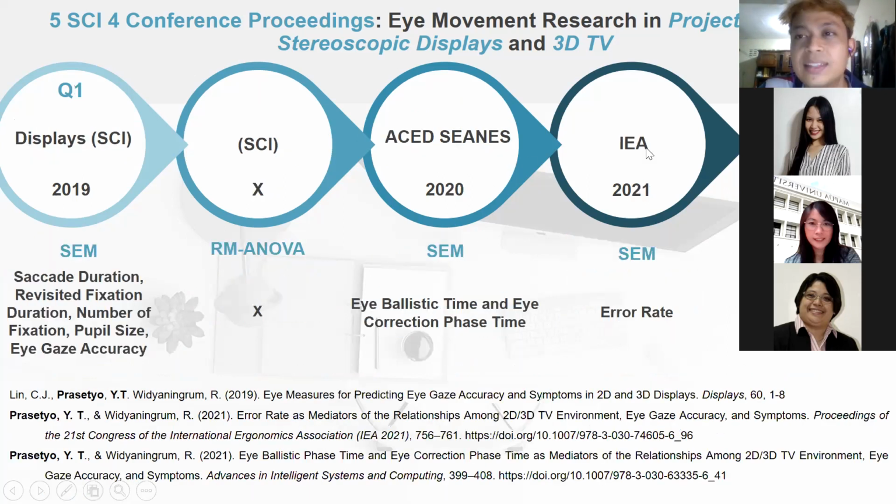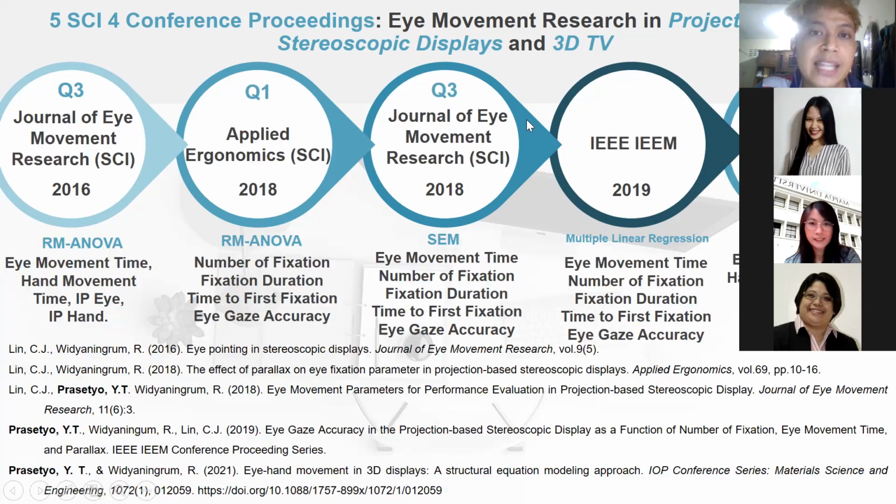So that's the logic. But it will be difficult, ma'am, if the first is the conference and the second one is the journal, because later on the journal will detect the similarity. They have several softwares, not just Turnitin, that can detect how similar our publication is, not the plagiarism, but the similarity of the research.